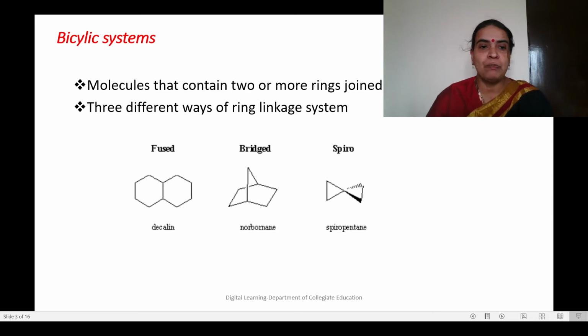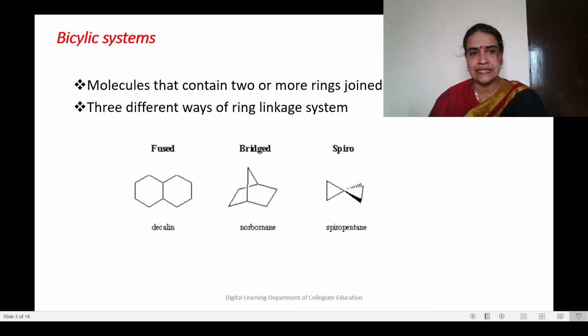Now, coming to bicyclic system, you would have seen somewhere in books that there are certain systems where two rings are fused together. Such systems are termed as bicyclic system, where our normal cyclohexane, cyclobutane, cyclopentane, all these things are single cyclic molecules.